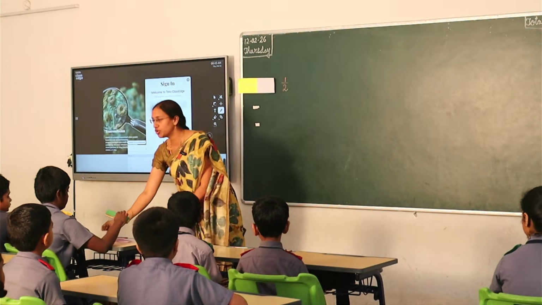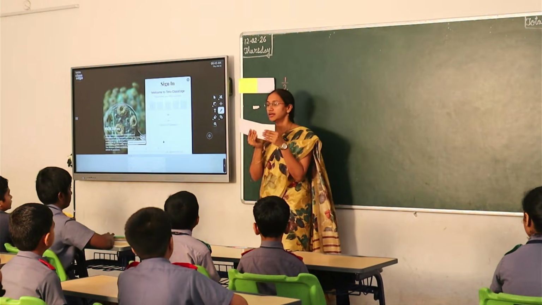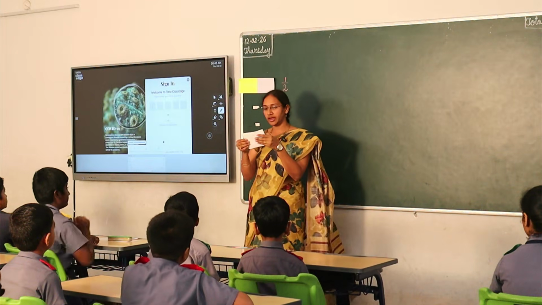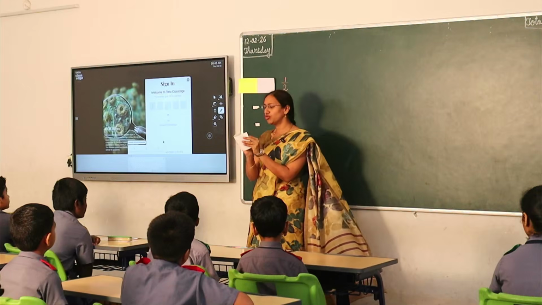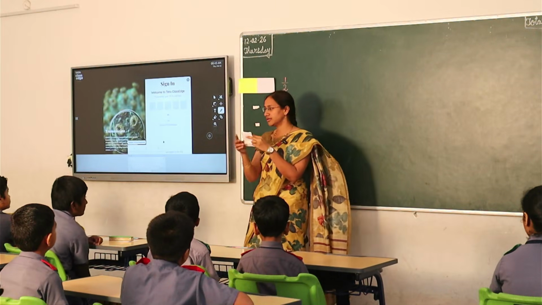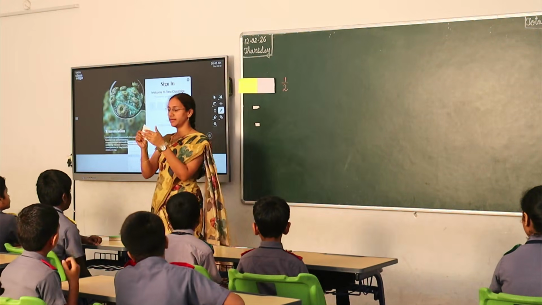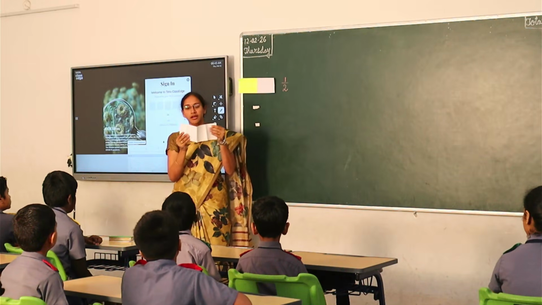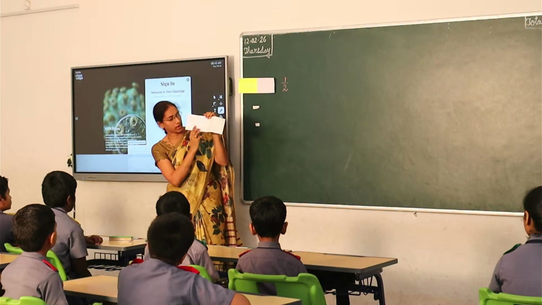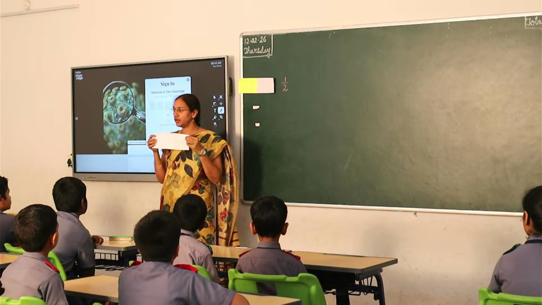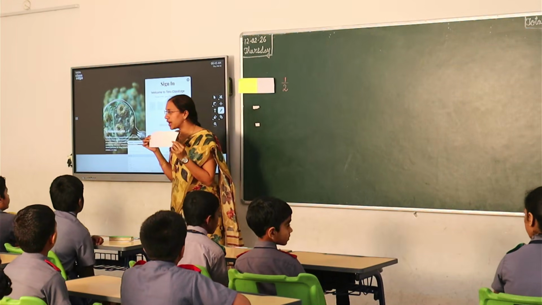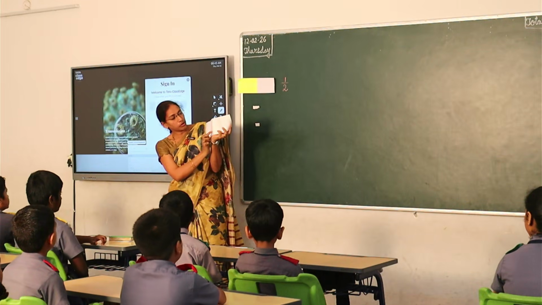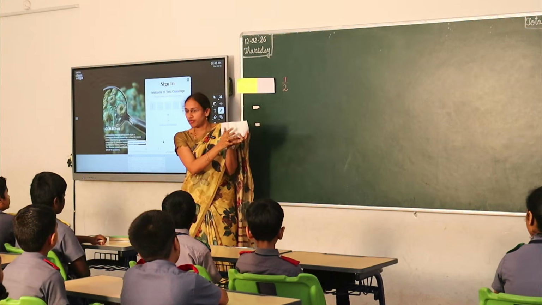Here is one more strip of paper, children. This again I will fold, and I'll give two folds for this. Okay. Now see. The whole strip of paper is divided into how many equal parts? 4. 1, 2, 3, and 4.